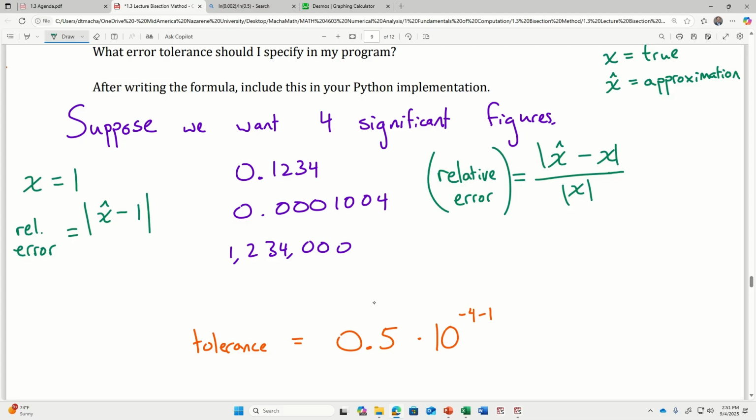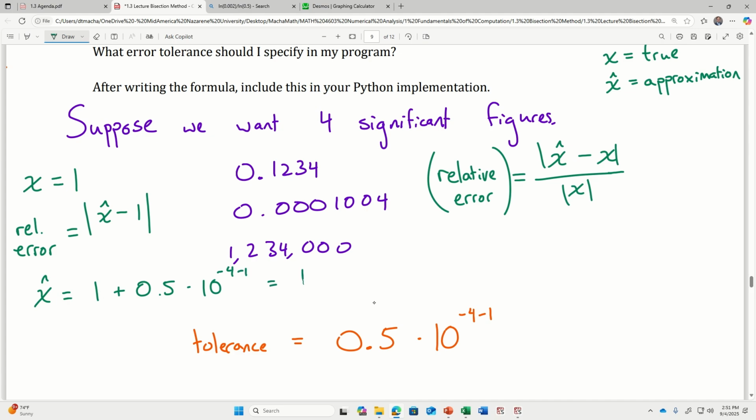And how do I show that, though? I guess if I had the worst possible approximation that still falls within this tolerance, it would be 1 plus 0.5 times 10 to the power negative 4 minus 1 or whatever.